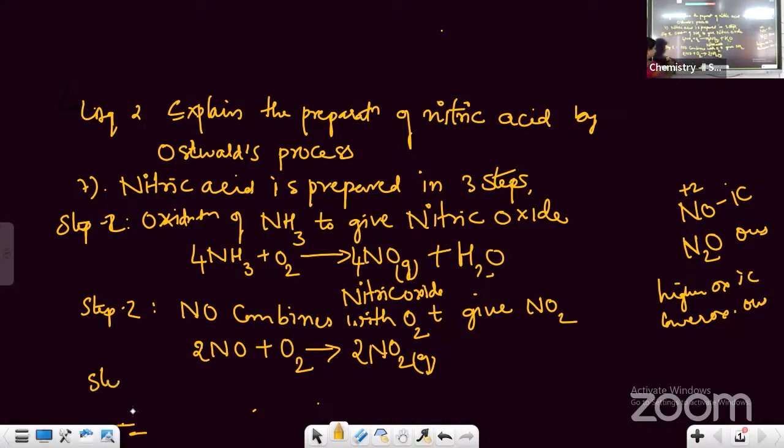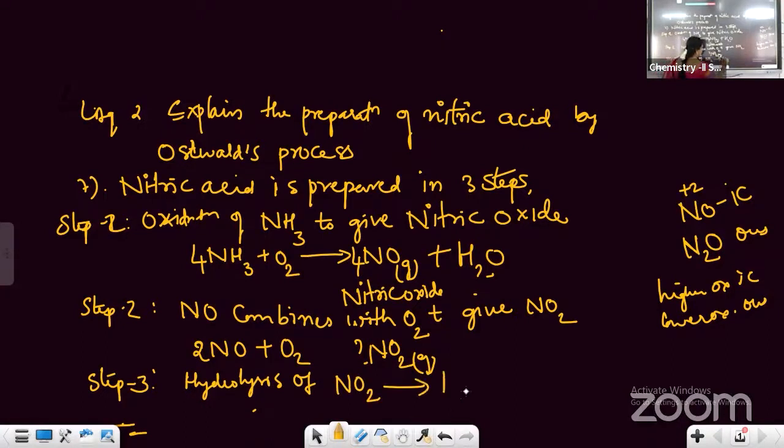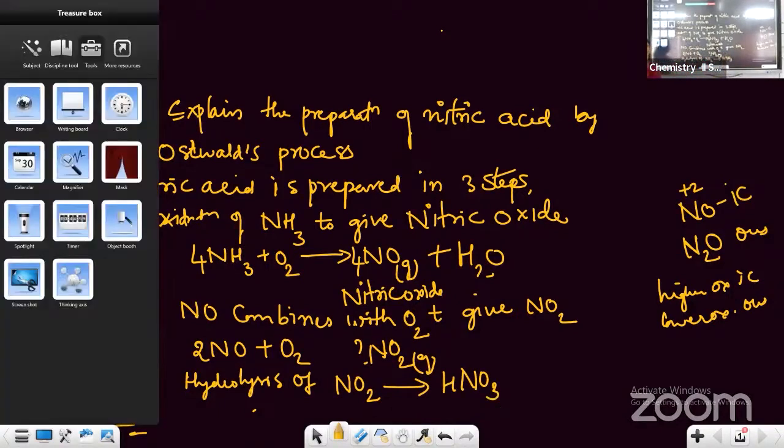The next, step 3. What is step 3? Hydrolysis. Hydrolysis means when you dissolve this in water, hydrolysis of nitrogen dioxide gives nitric acid. What is the formula of nitric acid? HNO3. Okay, students.